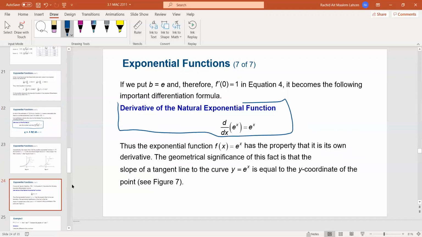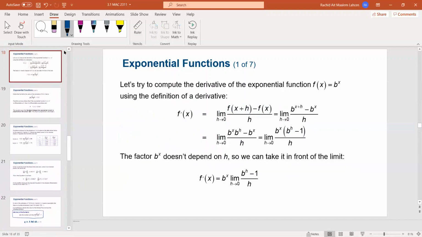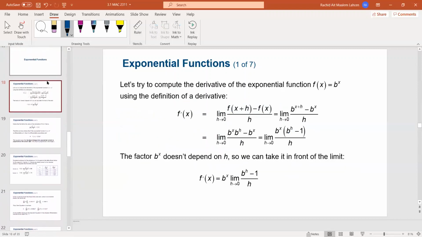So in this section, for the exponential function, you need to know that the derivative of e to the x is the same. That's one. So here, this explanation is just to try to justify what happens, or where it came from, which means we start again with the idea of the slope or difference quotient.